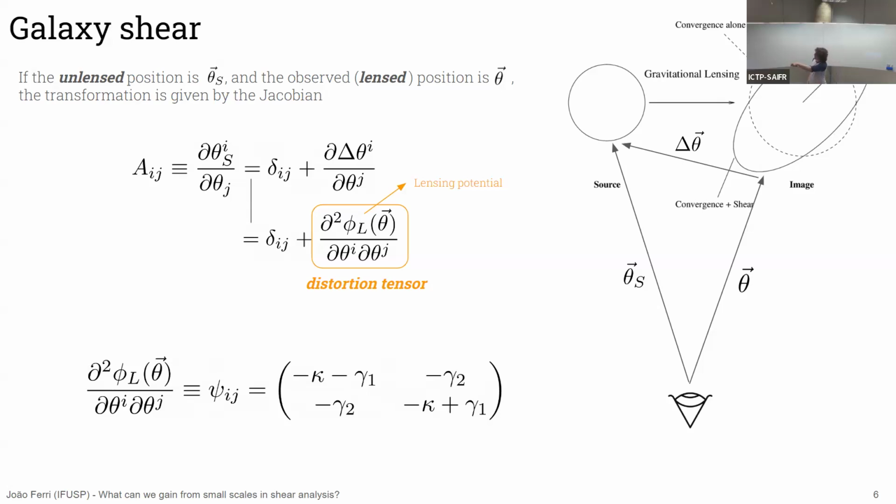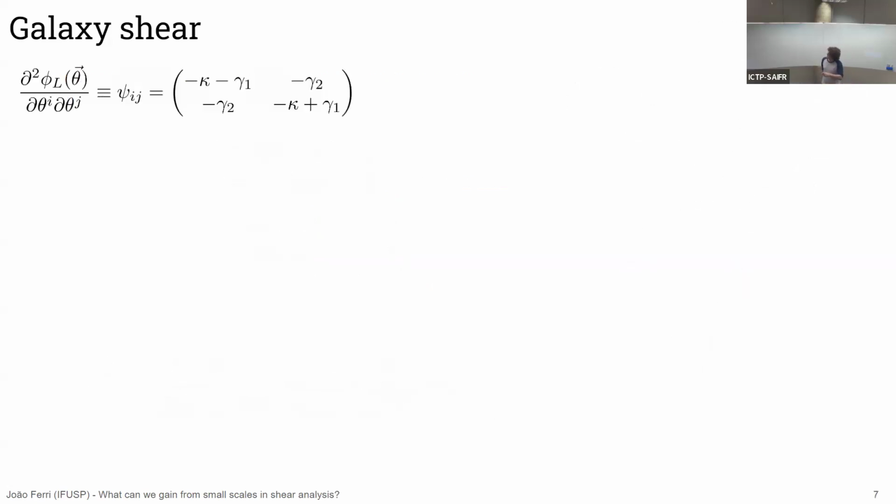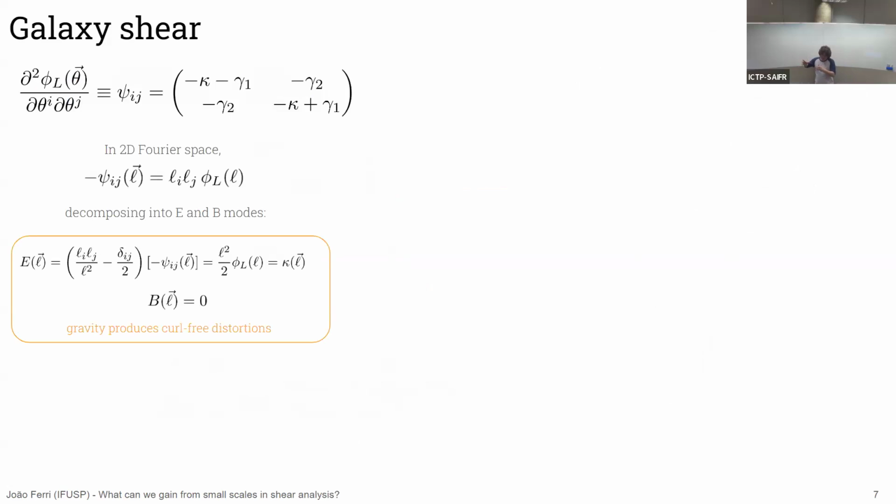And then you have the spin 2 field that we call shear, which causes the distortion of the image. So this is the distortion tensor, and when you look at it, it contains the information, as I said, about the matter content along the line of sight.